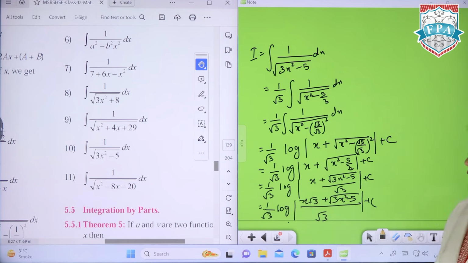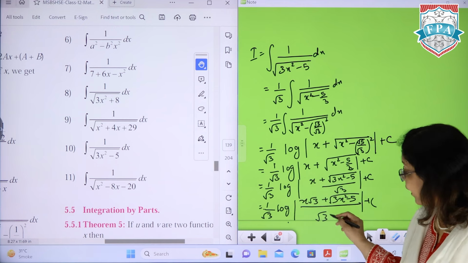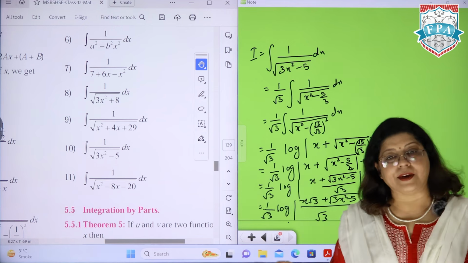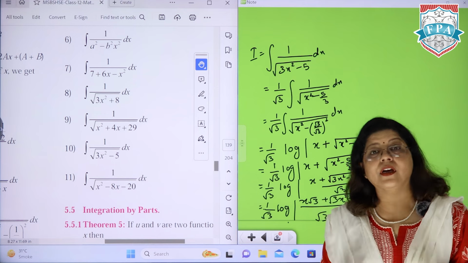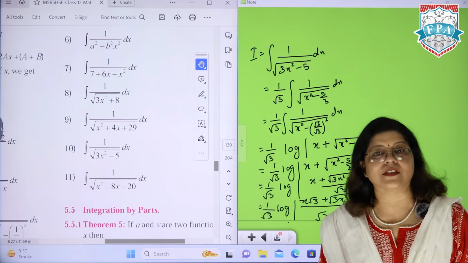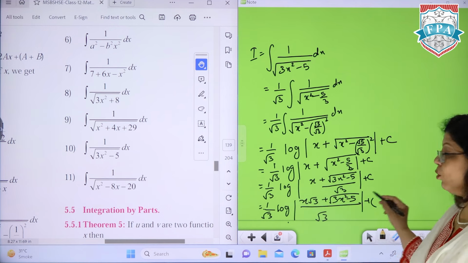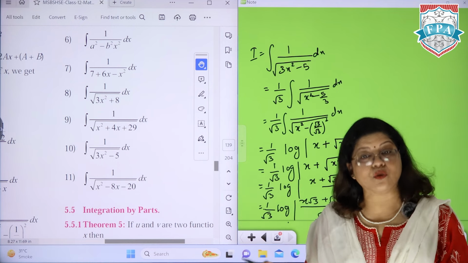Now why did I show this? Because if you see the answer in the books, textbooks, this root 3 will not be written later. So if you remember the log rules, log m upon n can be written as log m minus log n, and when you separate this, log root 3 is a constant only.